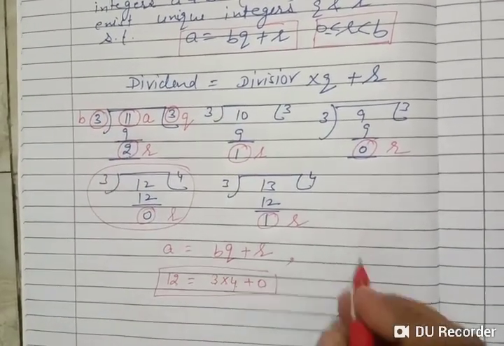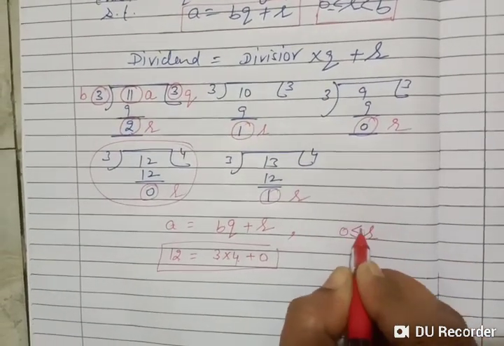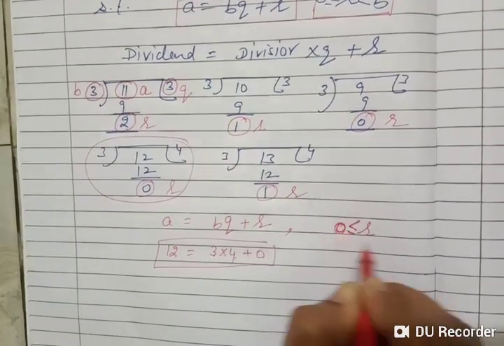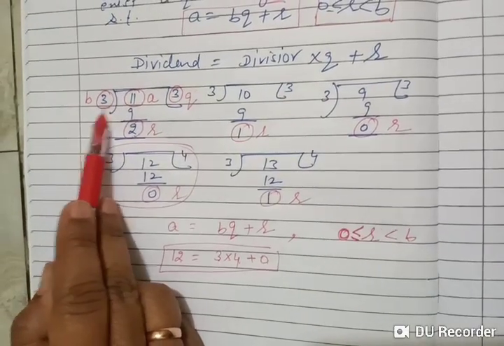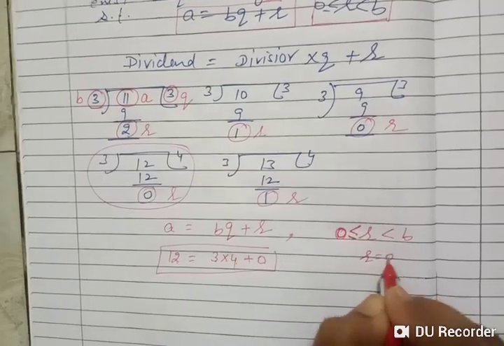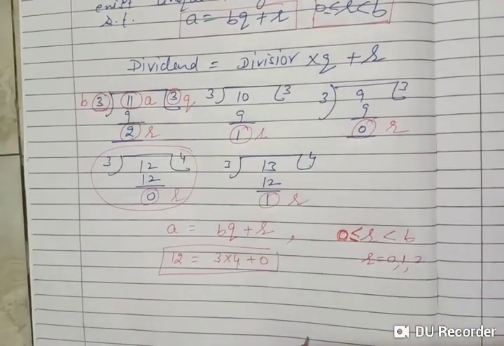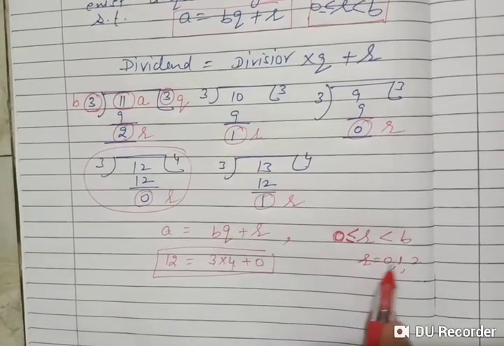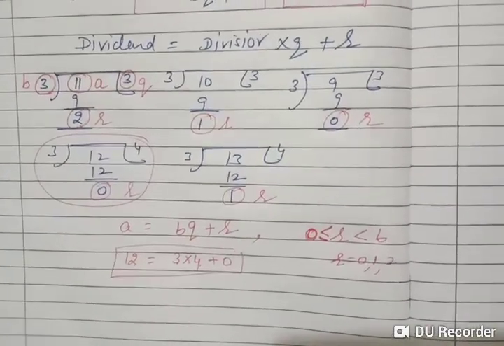So the condition is that remainder can be greater than or equal to 0 and less than B. In our example B is 3, so remainder can take values 0, because this is the equality sign, 1 and 2. If you divide any number by 4, then remainder can take values 0, 1, 2, 3. As we move further in this chapter, I will explain everything.